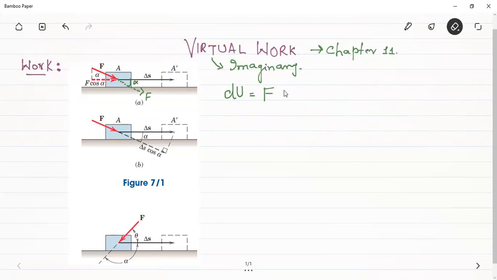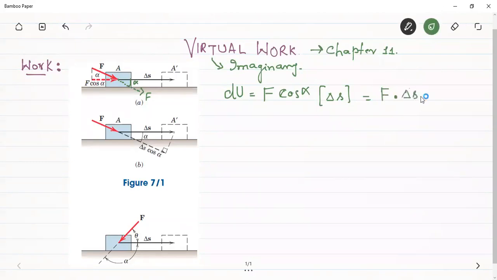the force which is in the direction of the displacement, that is F cos alpha multiplied by delta S, or we can say this is equal to F dot delta S. This is equal to F dot delta S because F dot delta S will be equal to F delta S cos alpha.